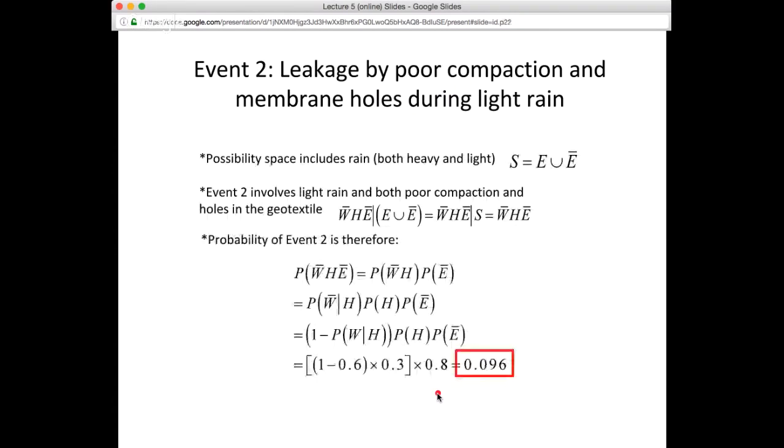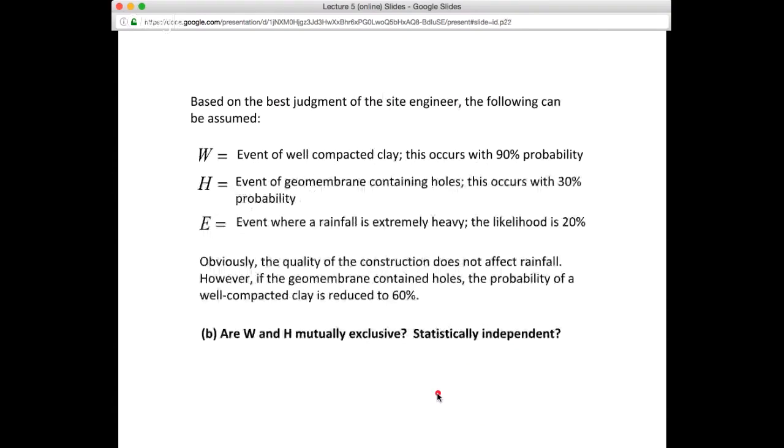Okay, the next question that we're asked is, are the events W and H mutually exclusive, and are they statistically independent? We can probably guess that W and H are not mutually exclusive because you can have one or both of them occur.